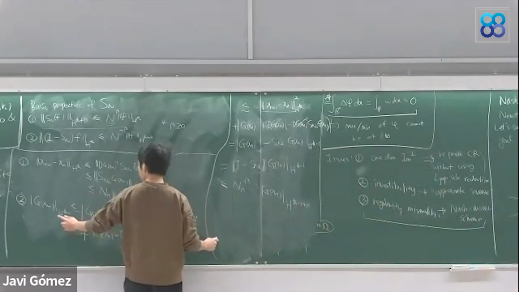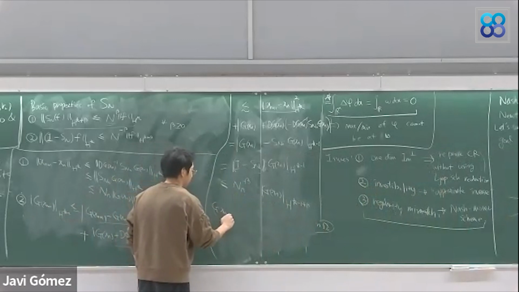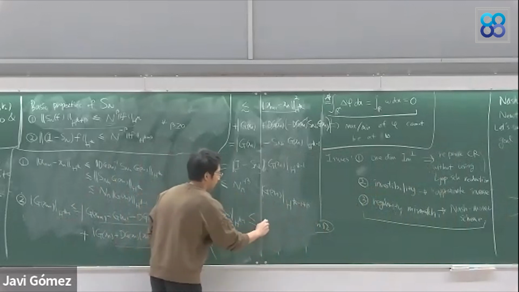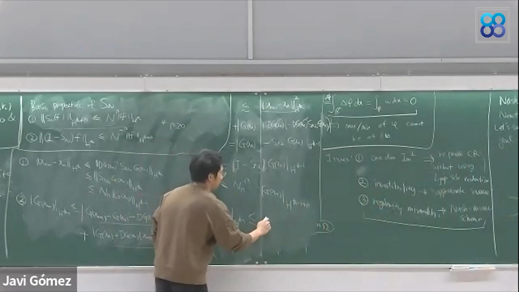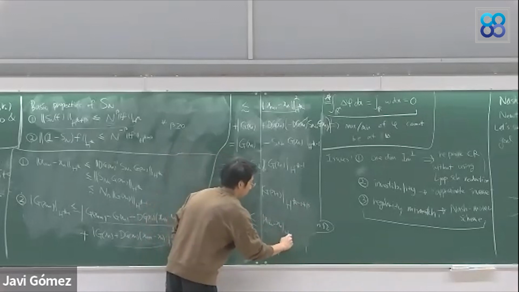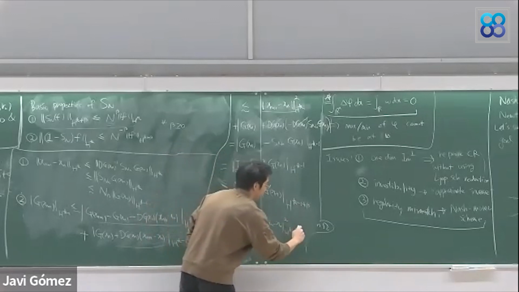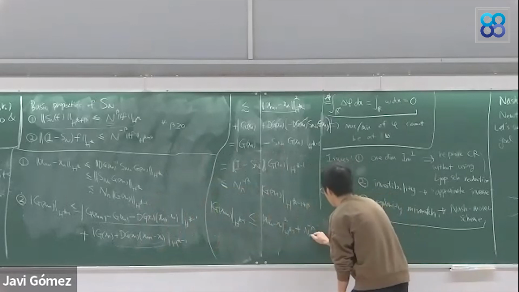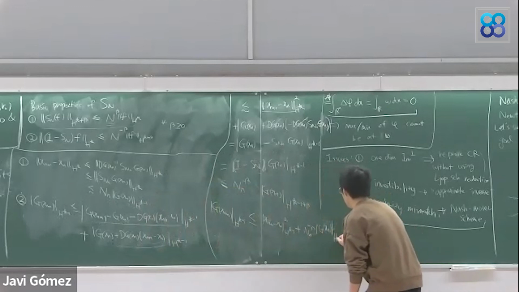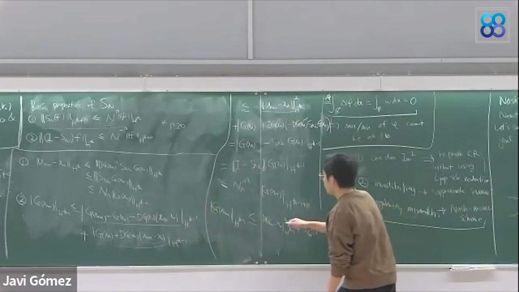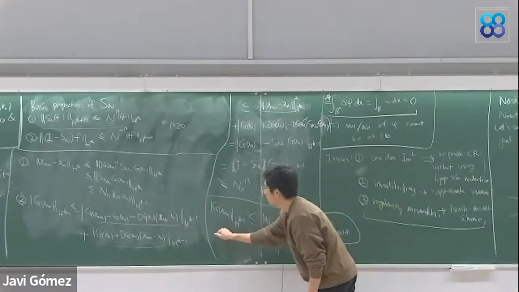So the second property says that x_(n+1) minus x_n, in H^(k-1), is less than n to the negative beta times G(x_n) in H^(k+k-1+beta). This is what we get from here.